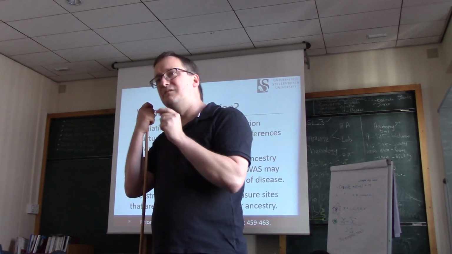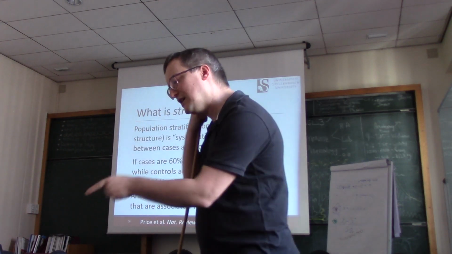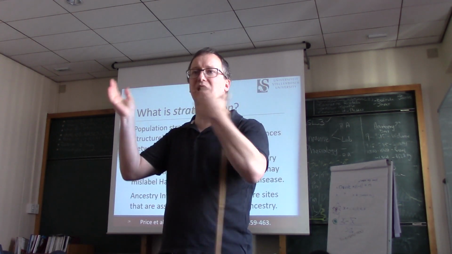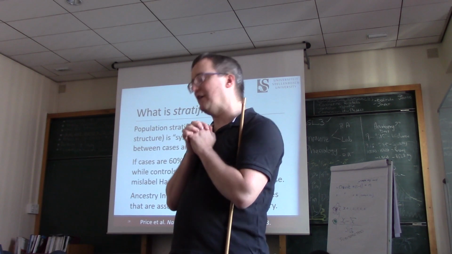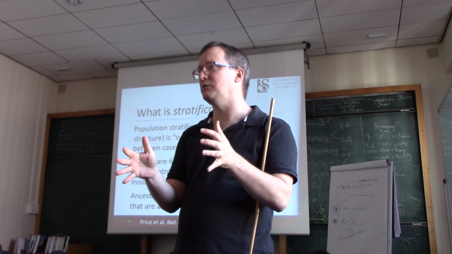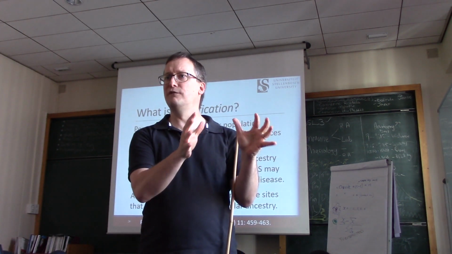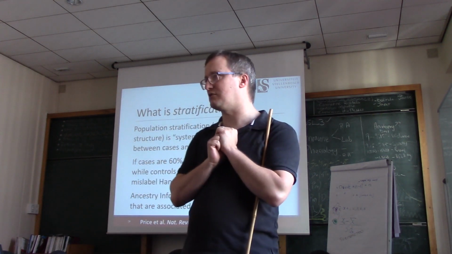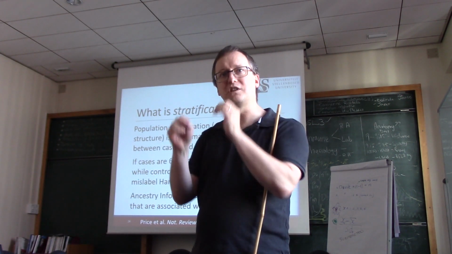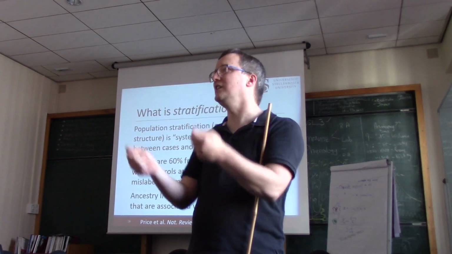What if you have a systematic ancestry difference between cases and controls? So I've got an example here. Let's just say that I'm studying asthma. I'm just picking a phenotype at random. If I'm studying asthma, and I find that 60% of the people who had asthma in my study come from Han Chinese ancestry, but my controls are only 40% from Han Chinese ancestry, it could be that the markers I identify as being associated with asthma are the same markers as are associated with Han Chinese ancestry.